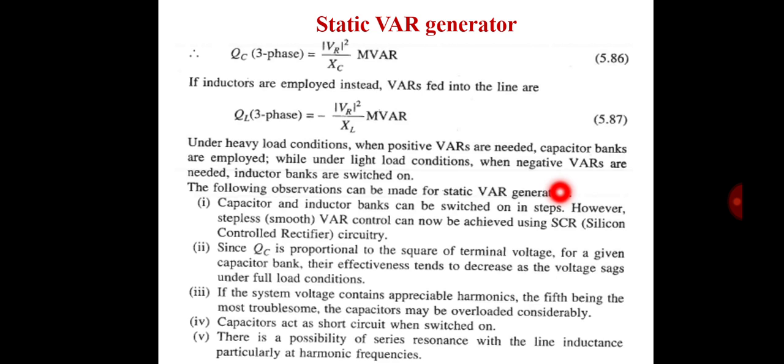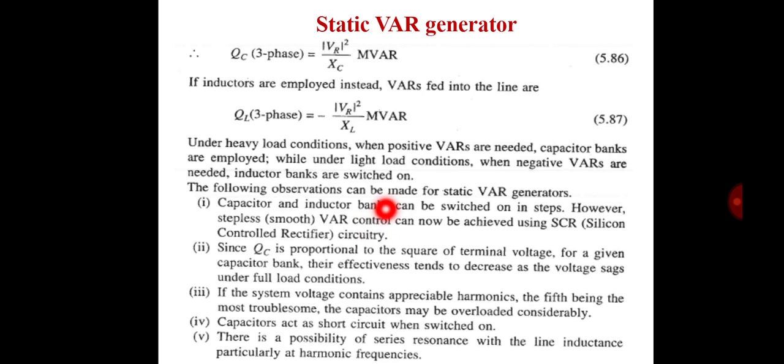The following observations can be made for a static VAR generator. Capacitor and inductor banks can be switched on in steps. However, stepless VAR control can now be achieved using SCR circuitry.